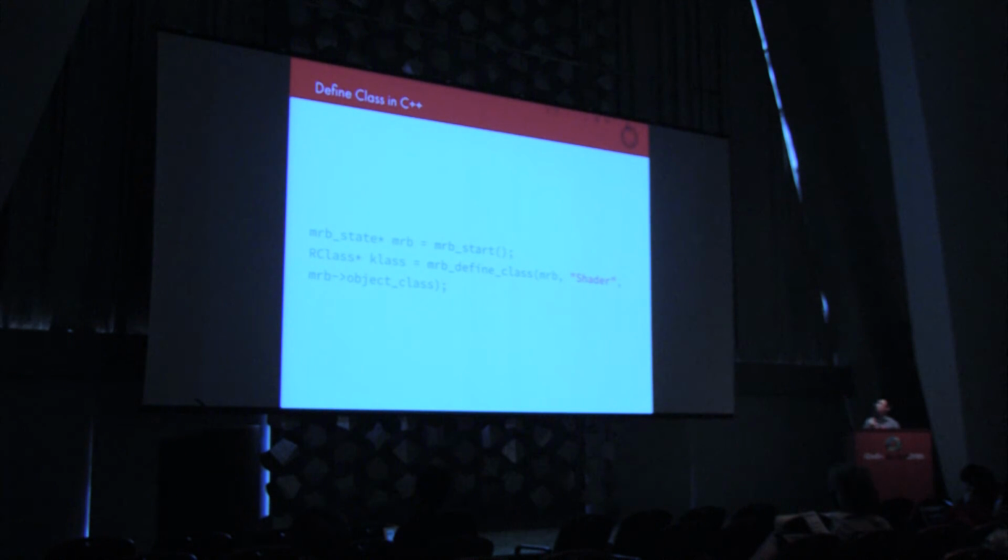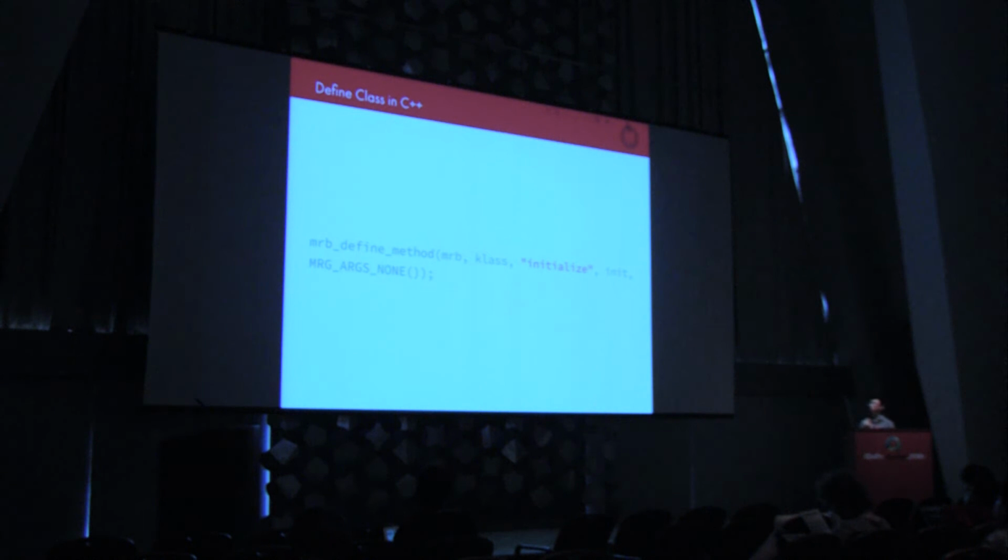So in mruby, if I want to define a class, I use define class, and give it the mruby state and the class name, and which class it inherits from. If you do not know which class you want to inherit, just give the Object class.